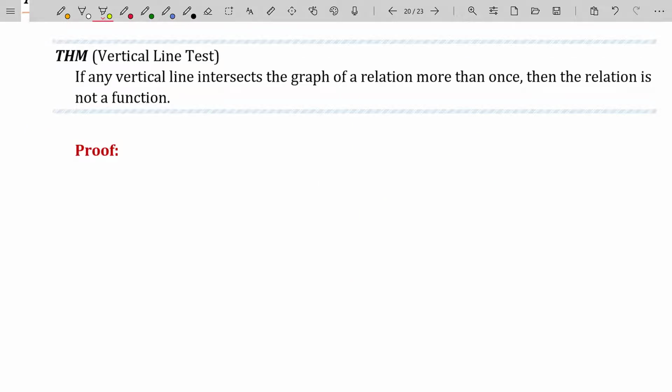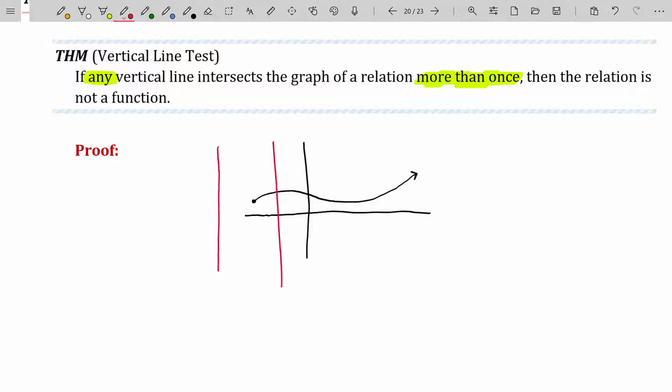There are a couple key words here. If any vertical line, and then more than once. For example, if I had a function, I should say a relation, and the relation looked like this when graphed. If I start drawing vertical lines, no matter where I draw them, they will only strike the curve at most once.